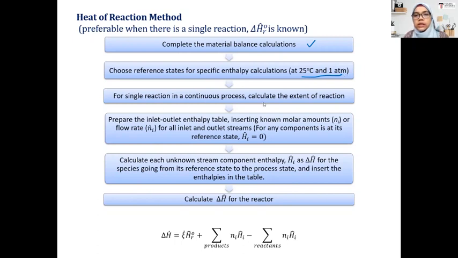Okay, for a single reaction in a continuous process, we may calculate the extent of reaction. You may refer to the previous part on how to solve the reactive system.